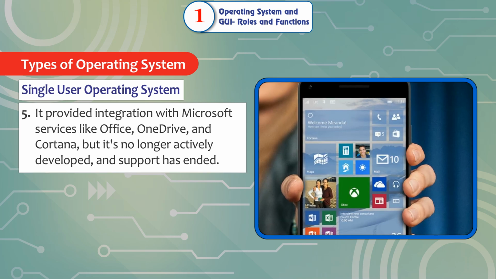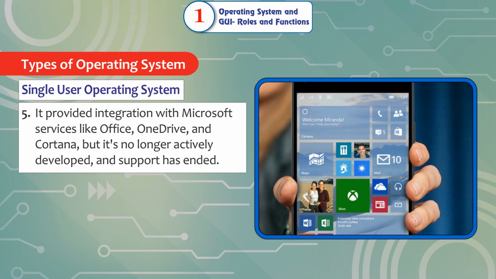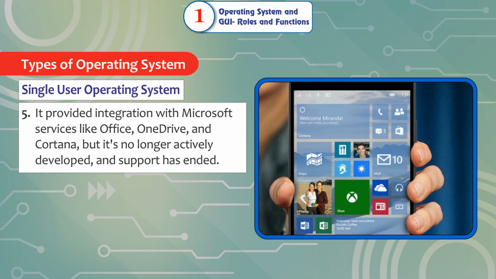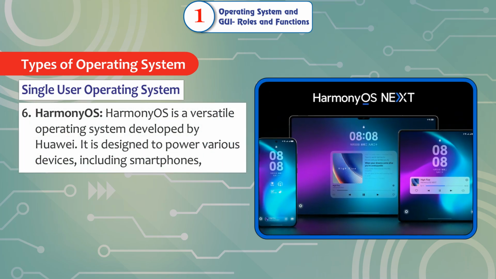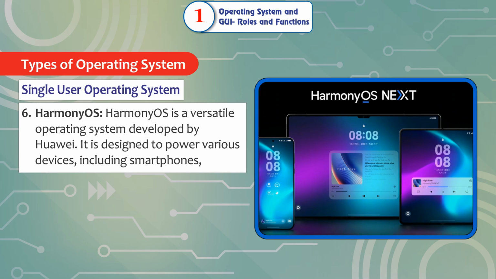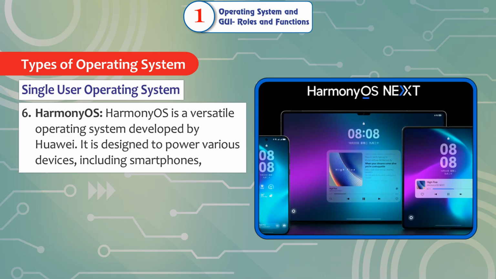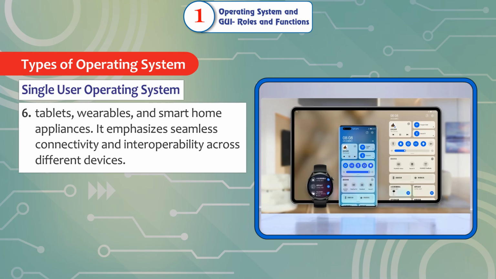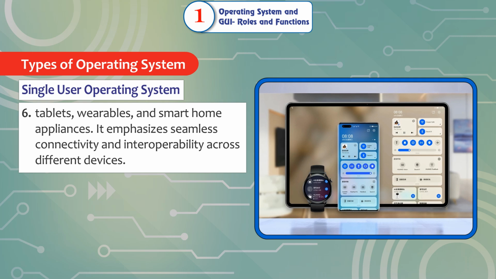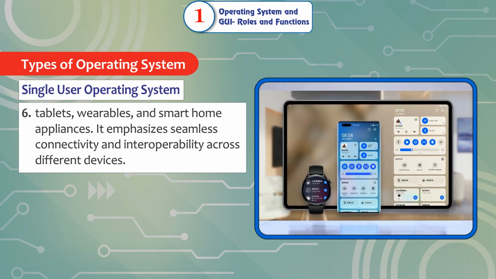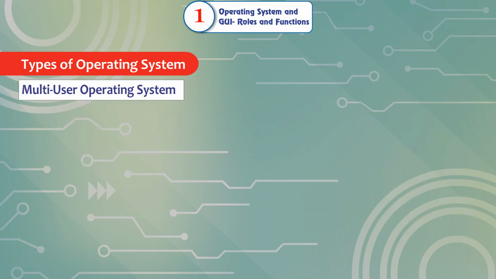It provided integration with Microsoft services like Office, OneDrive, and Cortana, but it's no longer actively developed and support has ended. 6. Harmony OS. Harmony OS is a versatile operating system developed by Huawei. It is designed to power various devices, including smartphones, tablets, wearables, and smart home appliances. It emphasizes seamless connectivity and interoperability across different devices.